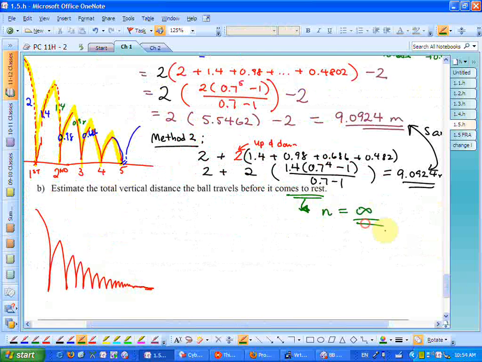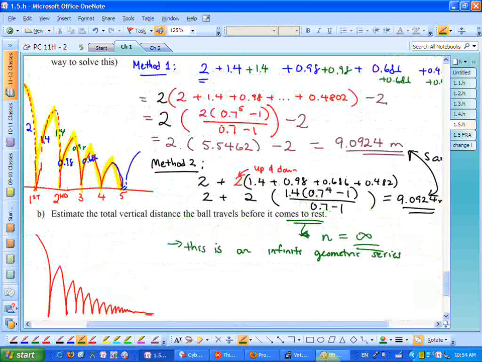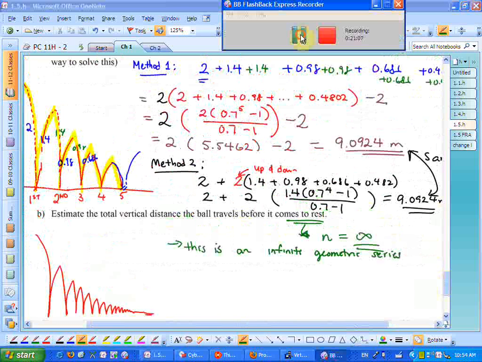Okay. So now what I'm saying is this is an infinite geometric series. Okay? Now, go ahead and try to solve it, please. I'll give you some time to solve this on your own. Solve. Method 2 then.